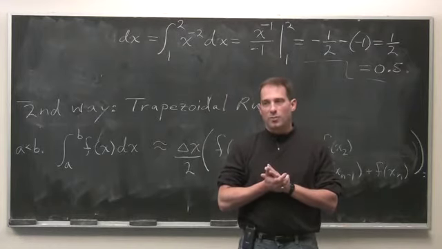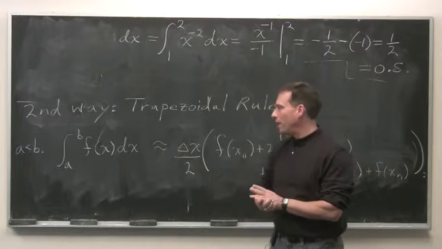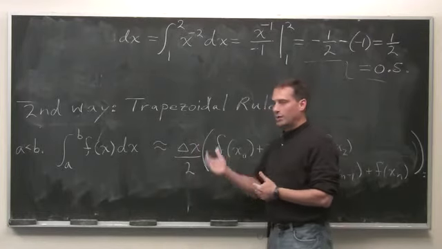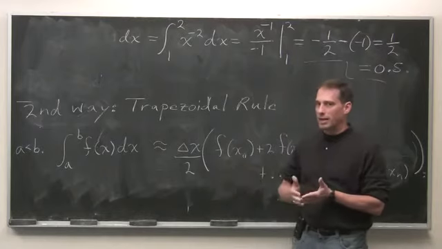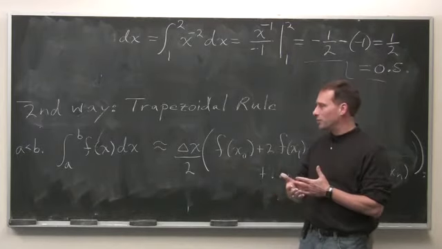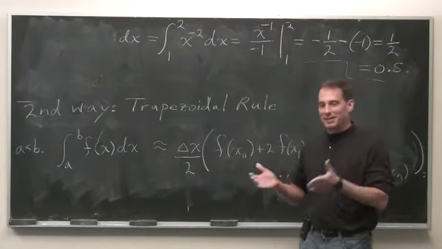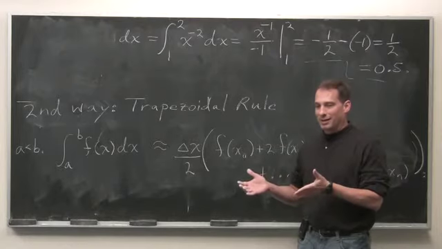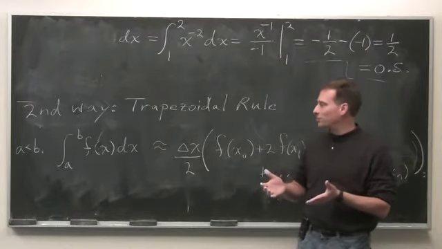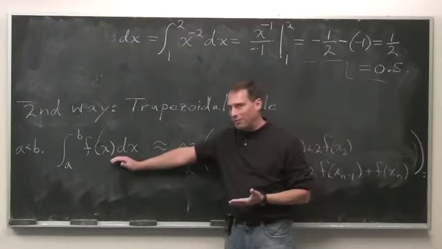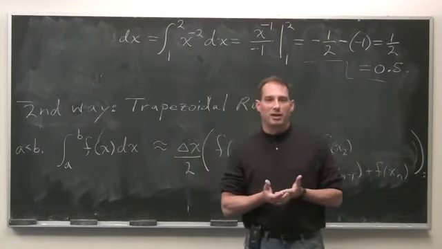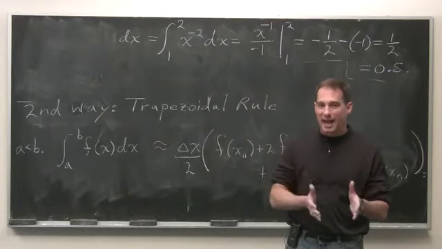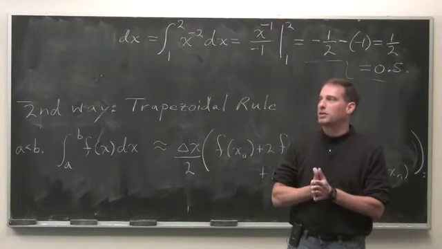But if we could calculate in some nice way both the approximation and the error in the approximation, then we would simply take the approximation, adjust it by the amount of error, either add or subtract, and then we'd have the exact value of the integral.